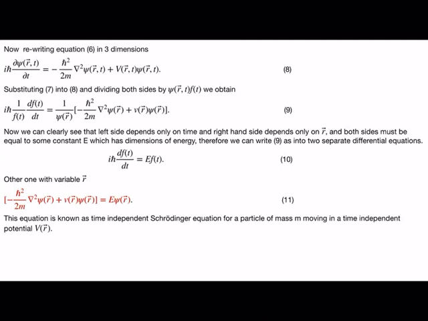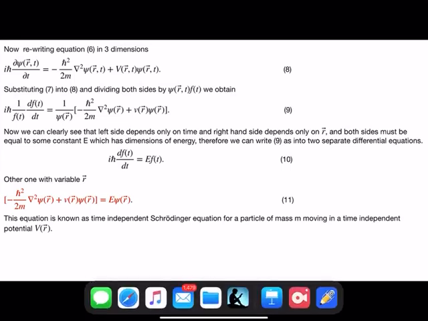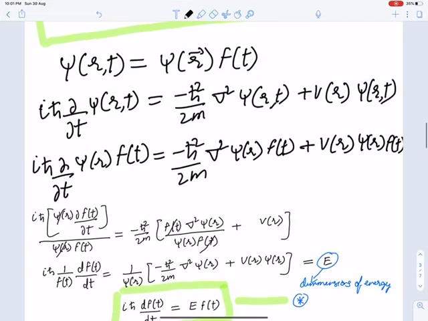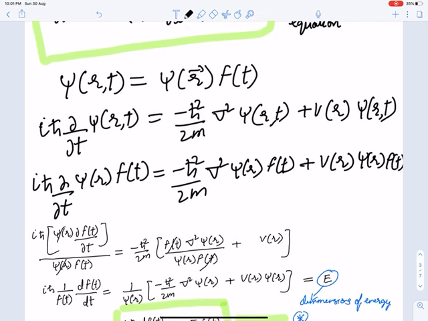I have rewritten equation number 6 as equation number 8 in 3 dimensions. It is just in 3 dimensions, nothing else. Now if I substitute equation number 7 into 8, this is psi r times f t, and this is your equation number 8.